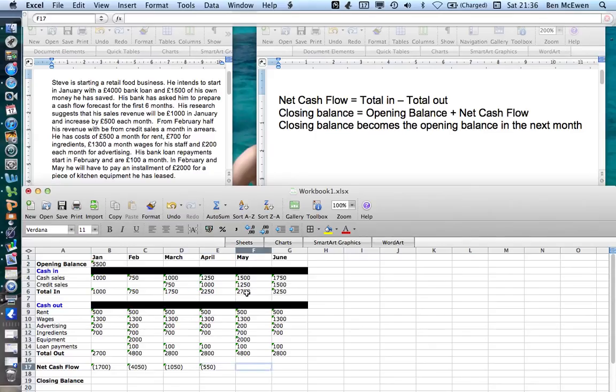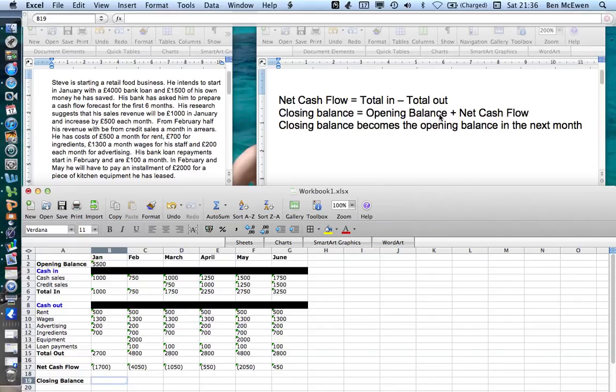He would have hoped by May that he would have started turning the corner, but again, because he's got an instalment for the kitchen equipment, it's actually a net cash loss of £2,050. And in the final month, it's the first time he actually records a positive cash flow for the month of £450.